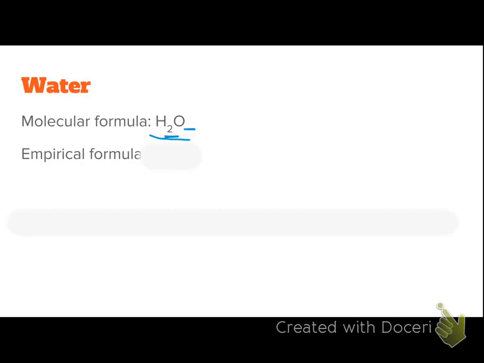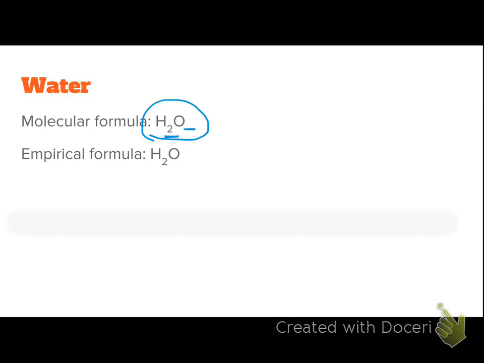So is there a whole number that we can divide 2 and 1 by to make this simpler? The answer is no. We could divide everything by 1, but that's going to give us the same answer. So our empirical formula is also H2O.